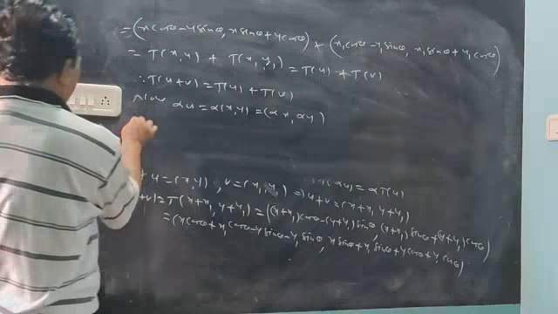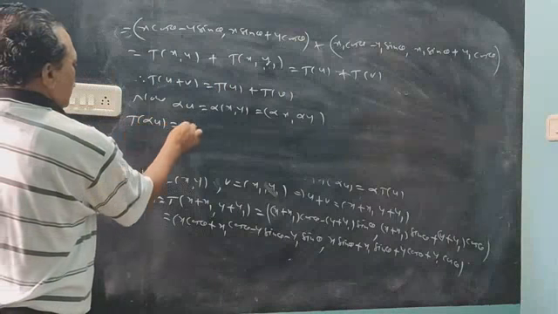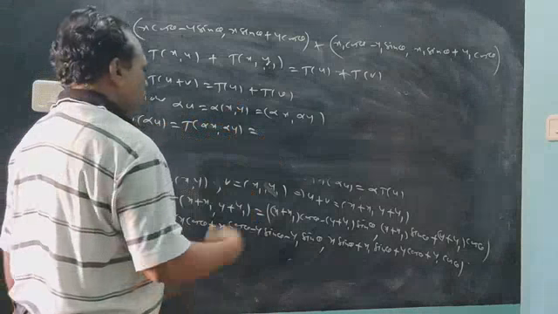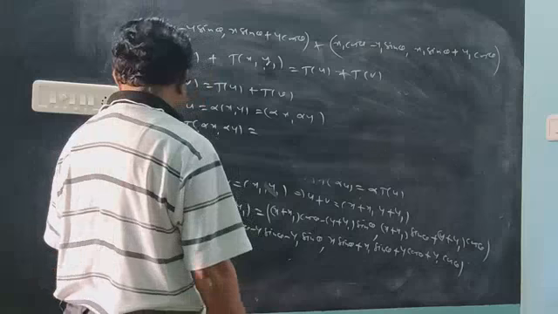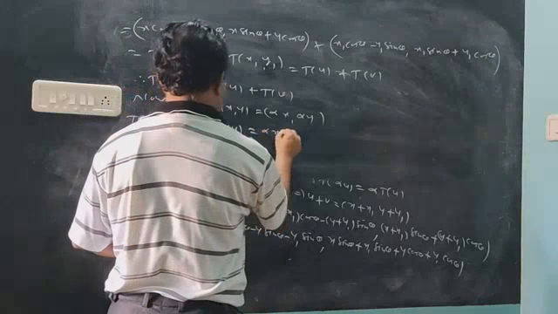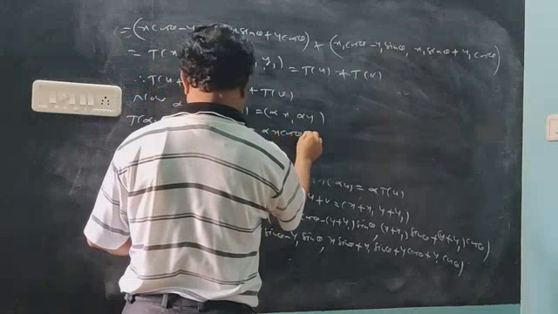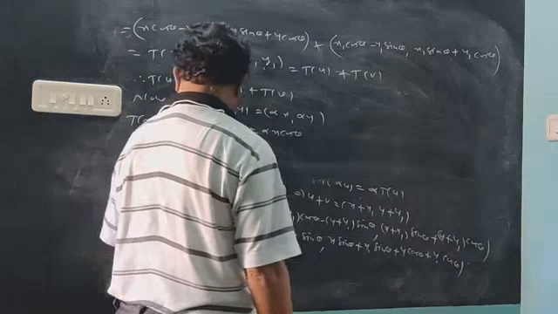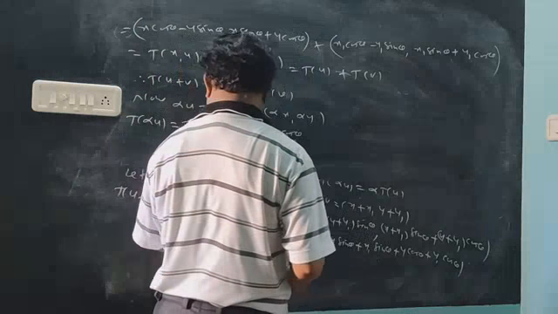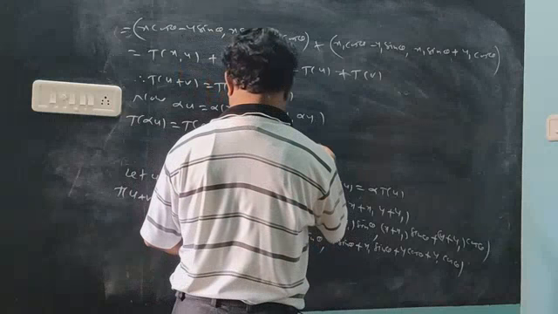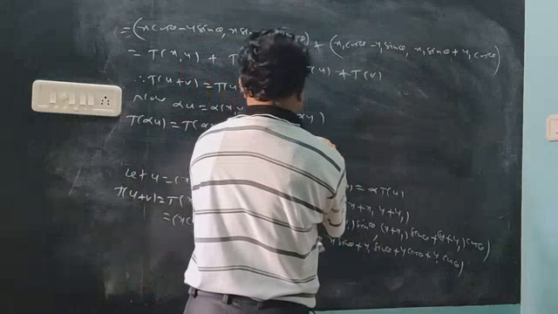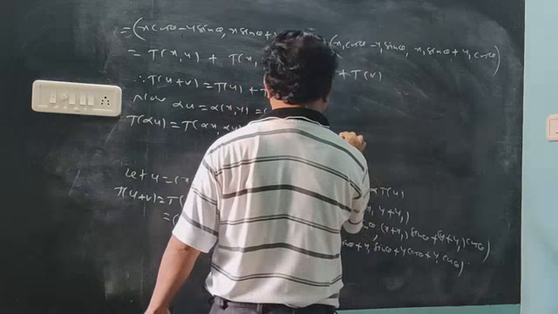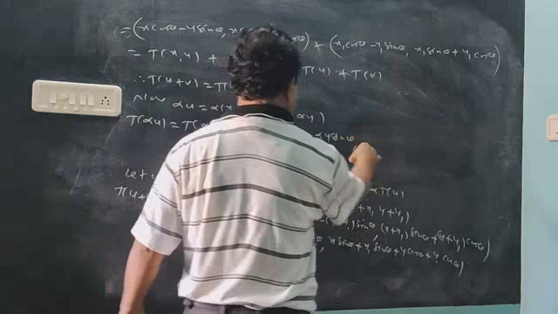Now T of alpha u is T of (alpha x, alpha y). In case of x, alpha x cos theta minus alpha y sin theta in the first position.